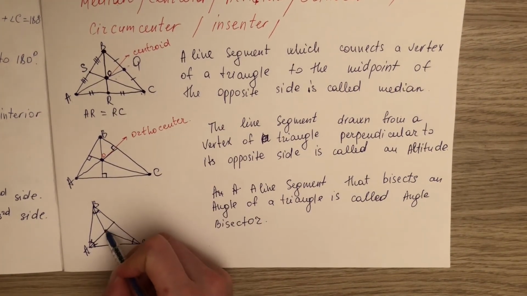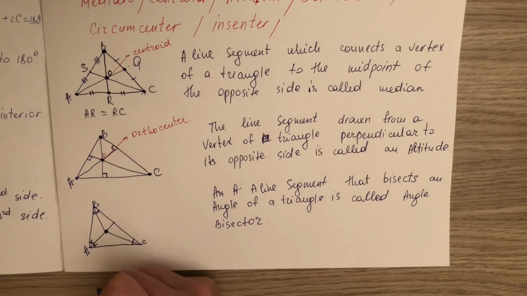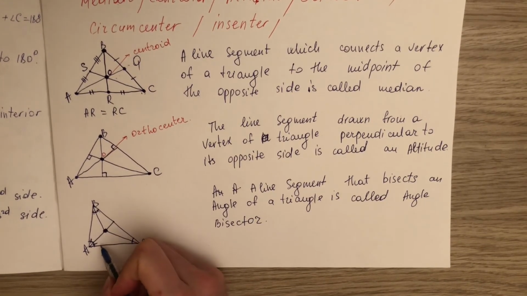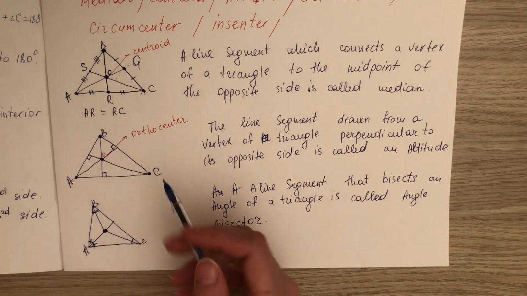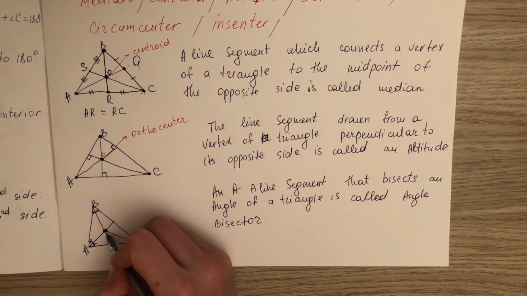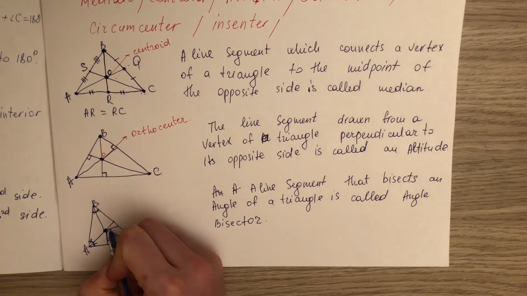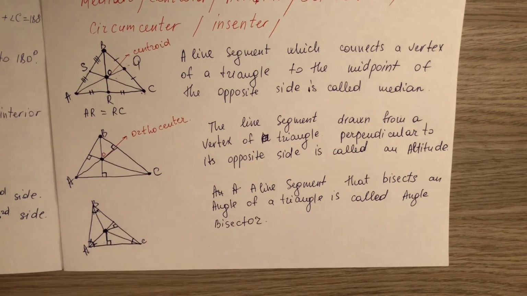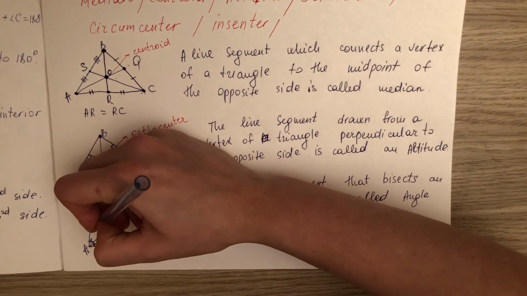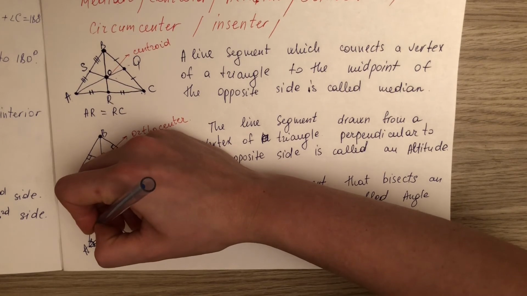This is the intersection of bisectors, and we can draw any perpendicular here to the opposite side. Here also we can draw any perpendicular, or here any perpendicular.